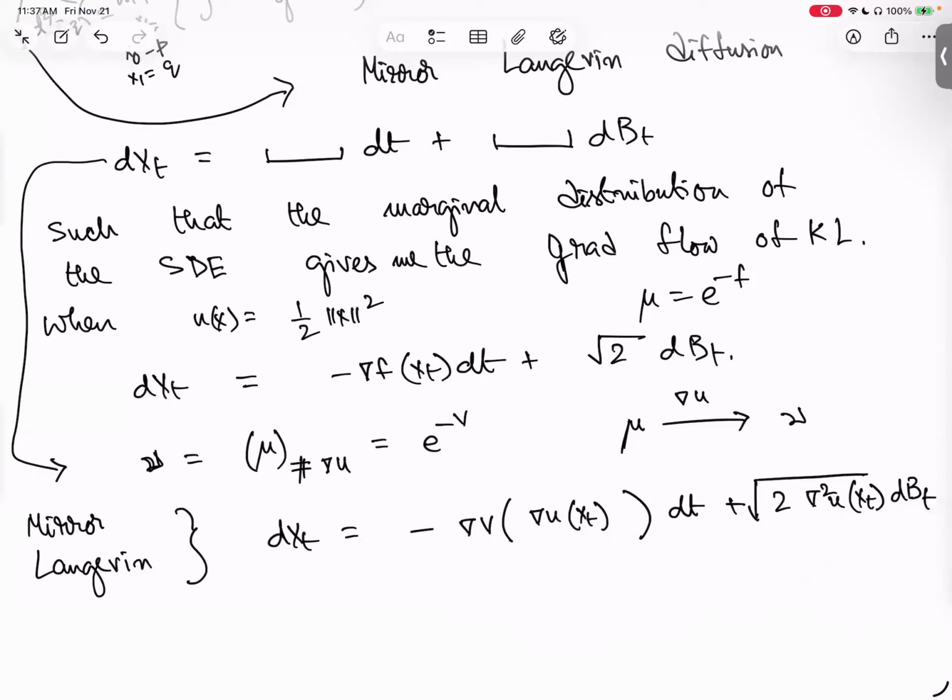Okay, it looks somewhat complicated, but trust me, there's a very natural way to see this object. It just looks complicated. I'm going to say this is inverse.